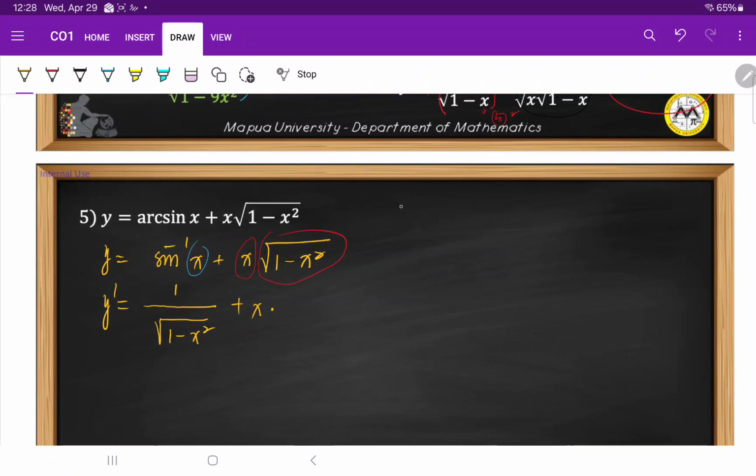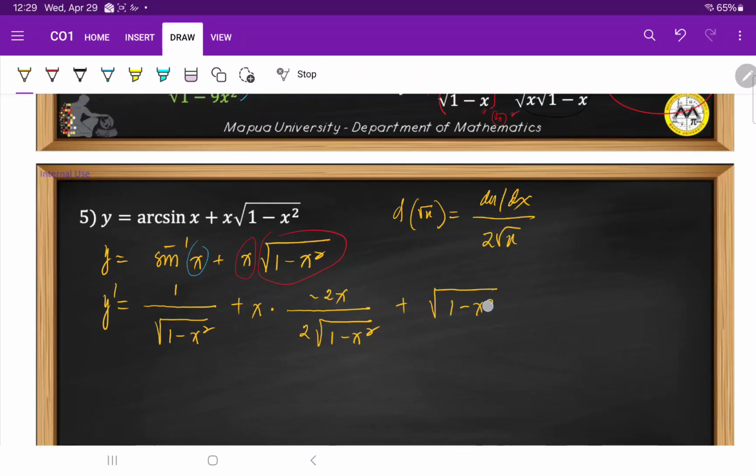We have to use here the derivative of the square root of u. Remember, it's du dx over 2 square root of u. Now here your u is 1 minus x squared. So in the numerator, we'll have minus 2x over 2 square root of 1 minus x squared. Then plus, copy the second term, which is the square root of 1 minus x squared times the derivative of x, which is 1.